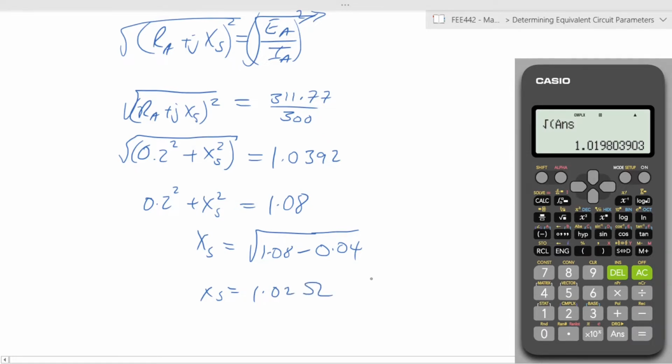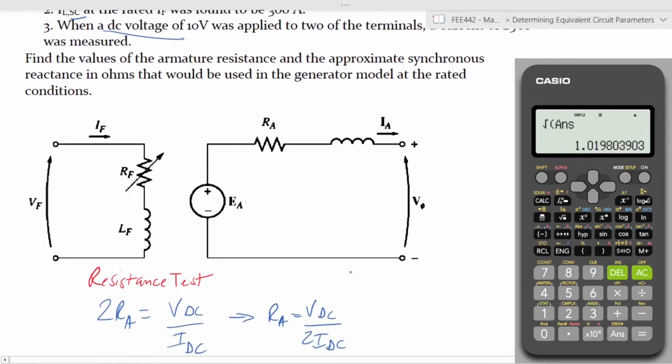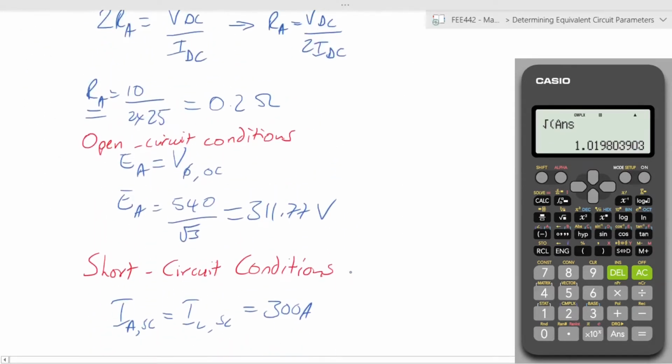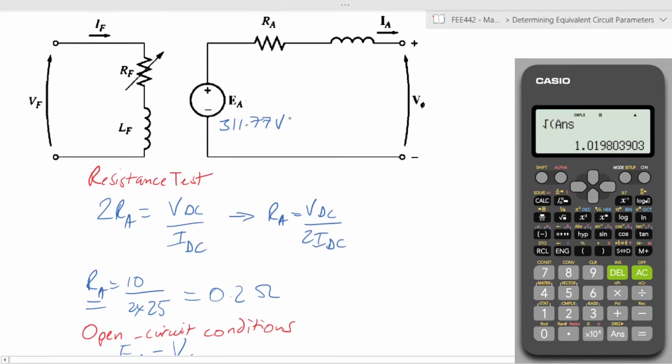Okay. So in essence, we have determined the circuit parameters of this machine. So EA is 311.77 volts. RA is 0.2 ohms.